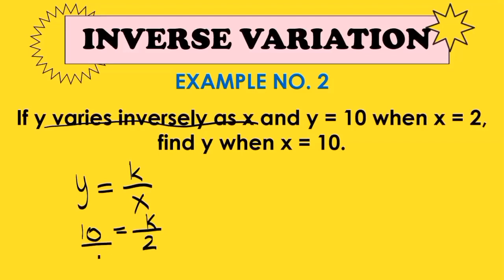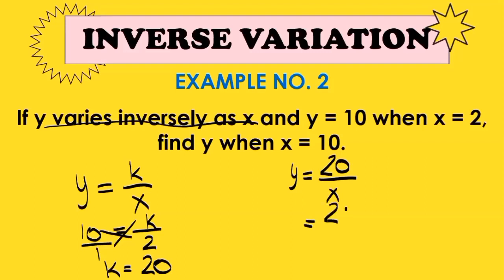Again, this is over 1. You have to cross multiply. k is 20. Now that k is 20, y equals 20 over x. Find y when x is 10. So, 20 divided by 10, the value of y is 2. Any question?